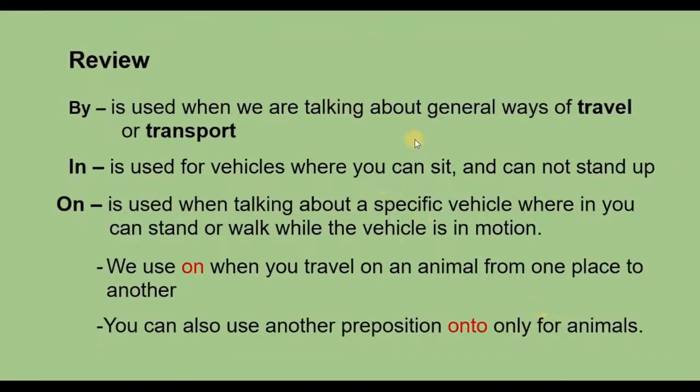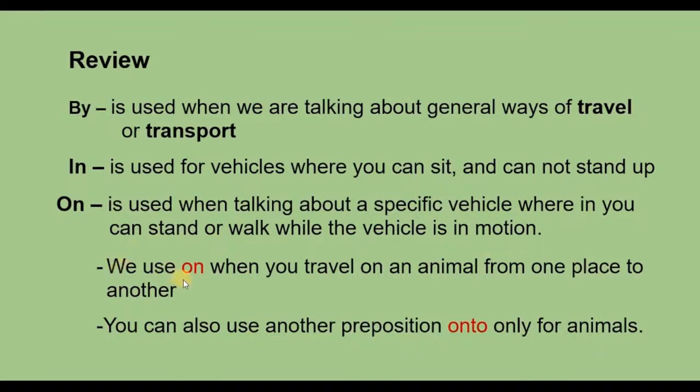So guys, here let's review. By is used when we are talking about general ways of travel or transport. In is used for vehicles where you can sit and cannot stand up. On is used when talking about a specific vehicle wherein you can stand or walk while the vehicle is in motion.